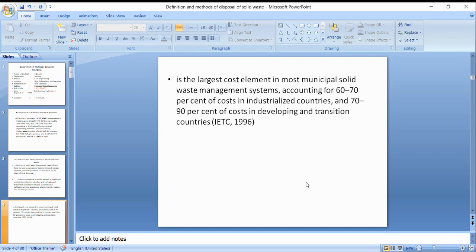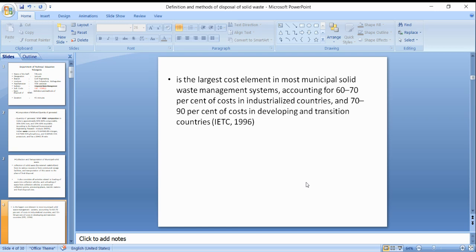So it's the largest cost element in most municipal solid waste management, accounting for 60 to 70% of cost in industrial countries and 70 to 90% of cost in developing and transition countries.